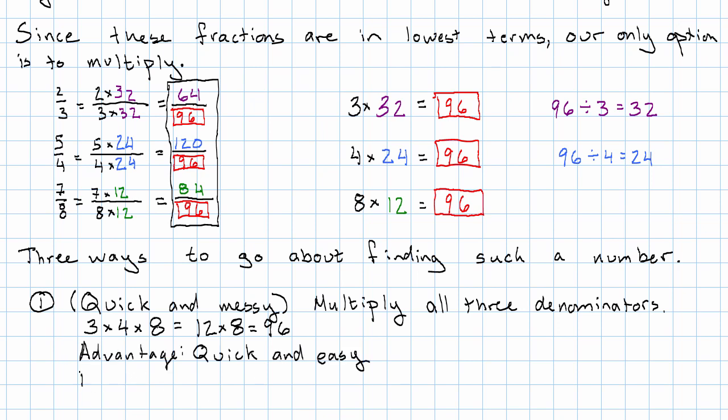The disadvantage is that the integers that appear in the numerator and denominator in our answer are going to be very big. And they're going to be bigger than they have to be. The other 2 methods that we can use will give us a different common denominator in most cases.